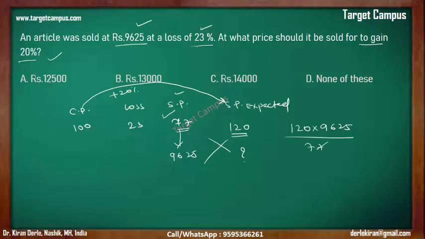Let us divide this by 11: 11 7s are 77, 11 8s are 88, 11 5s are 55. Again 7 by 7, we get 125. So 120 into 125 is 15,000. Your answer should be 15,000. It should be sold for 15,000 rupees to gain 20% profit. So the option is none of these, 15k. Let's move forward.